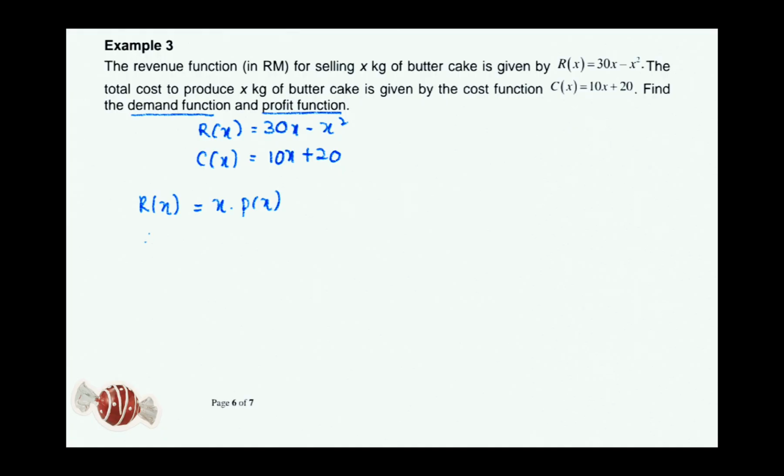Therefore, P of X will be equal to R of X over X. So R of X equal to 30X minus X squared over X. When we simplify, the demand function P of X will be equal to 30 minus X. So this is the demand function.